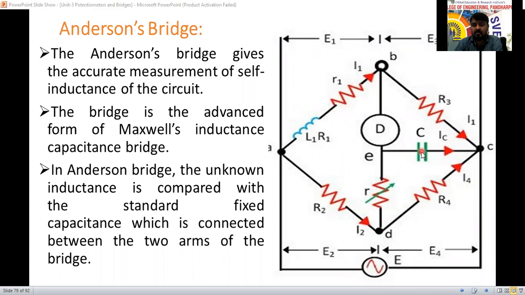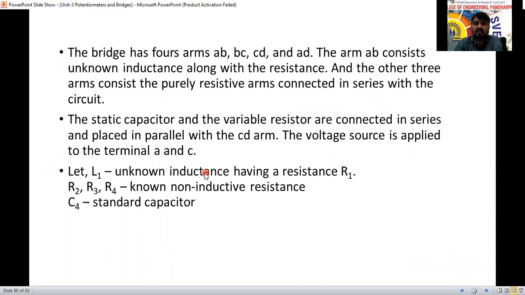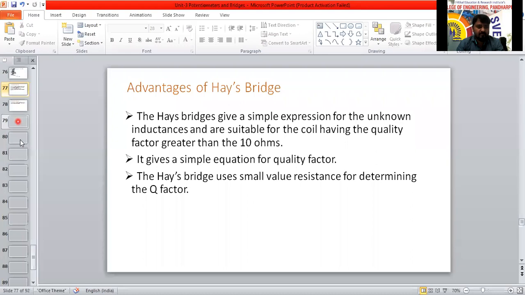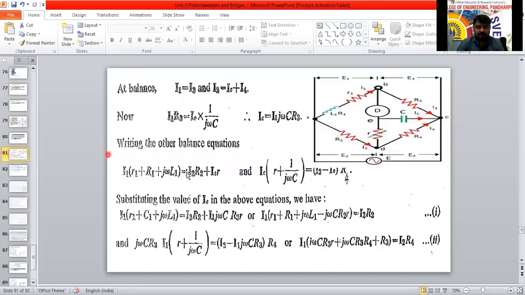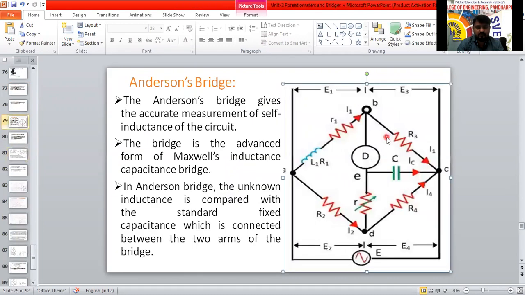Now we have to do the derivation. Before that derivation, some people are joining. The bridge has four arms. I will take one more diagram, with reading and explanation both happening at a time. Just a minute, I will take this diagram once again.